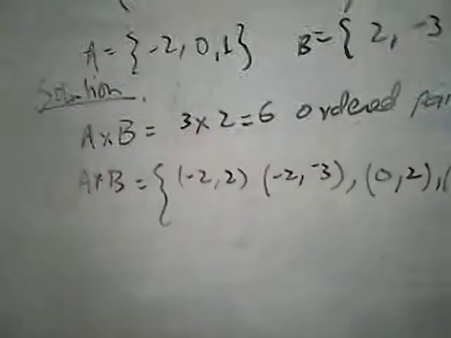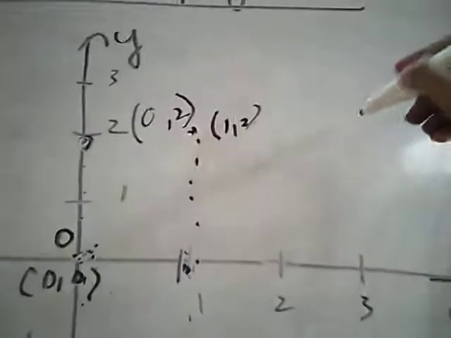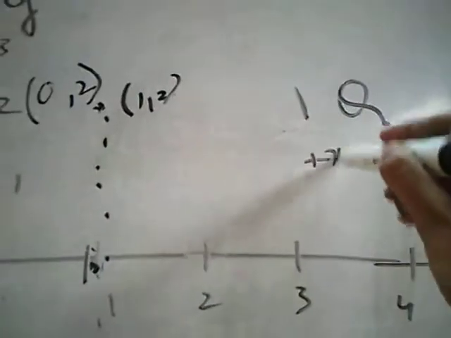Right? So we have represented our Cartesian product onto the Cartesian coordinate system. This first top portion is called the first quadrant, in which x is positive and y is also positive.